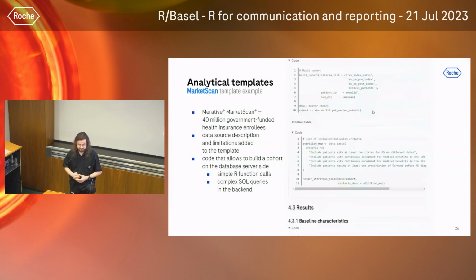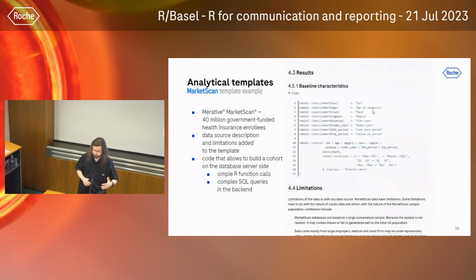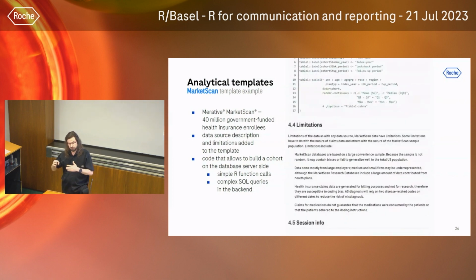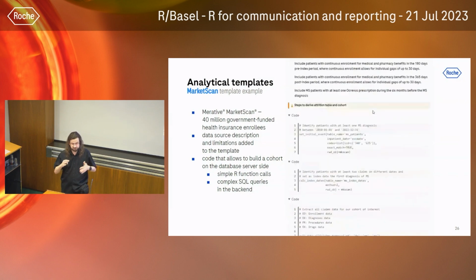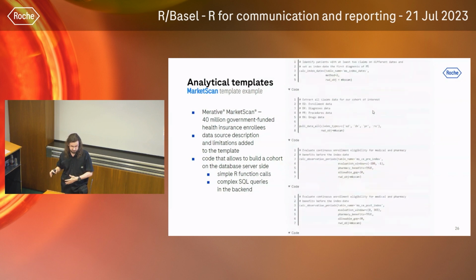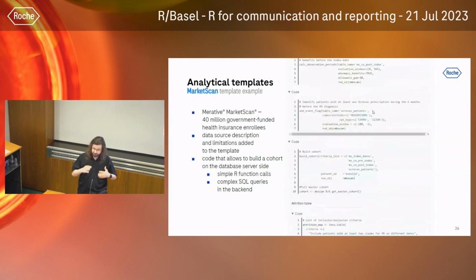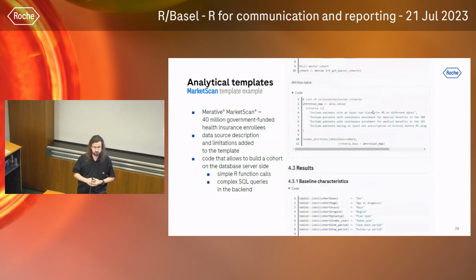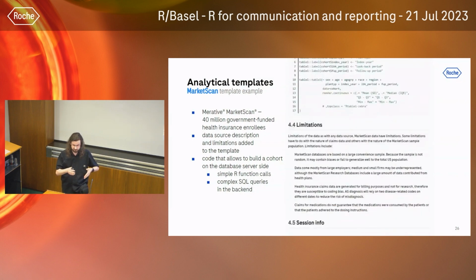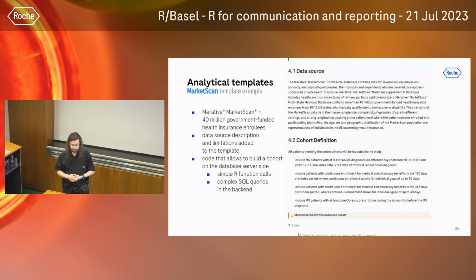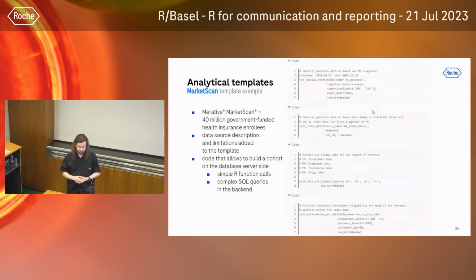A user can use a simple interface of R functions to set initial event, calculate index dates and observation periods, add event flags, and build the final cohort. But the complex SQL queries will be executed on the database server, and only the final cohort data would be returned into the R memory for further analysis.